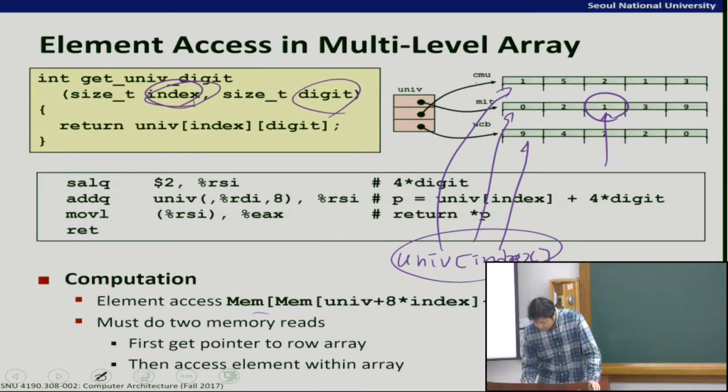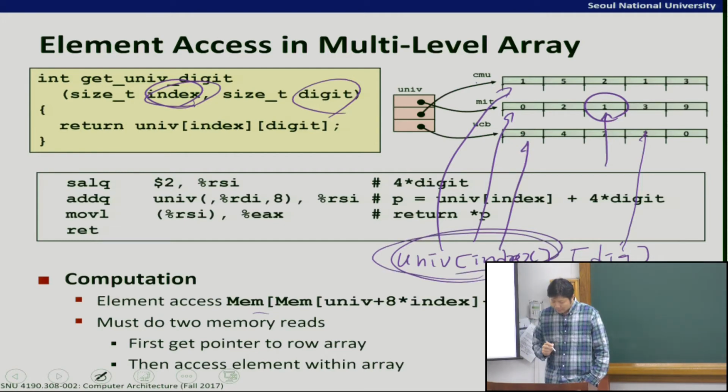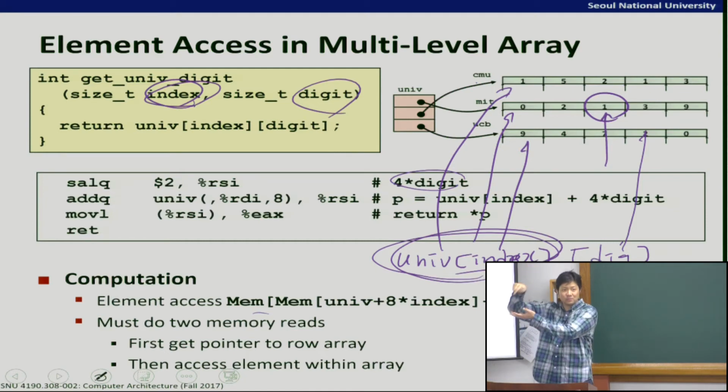And then if you have a second element, like digit, then this one points to a specific integer element inside the array, right? So what we need to do is first compute the beginning address, and then we add a 4 times digit offset to that starting address, right? Then that gives us the exact location of the specific integer element we want to access, right?